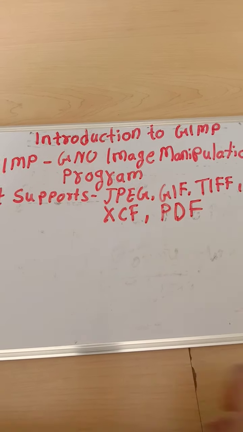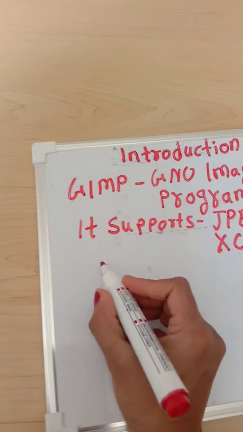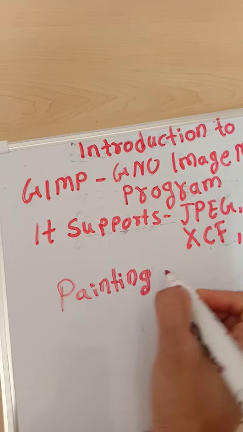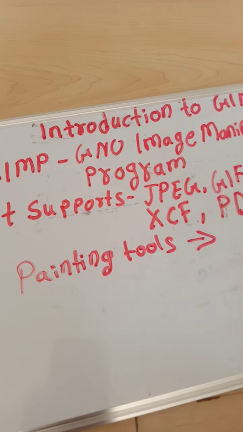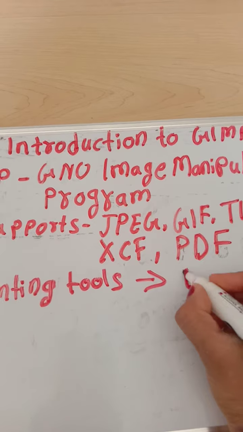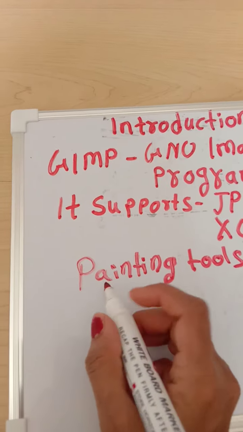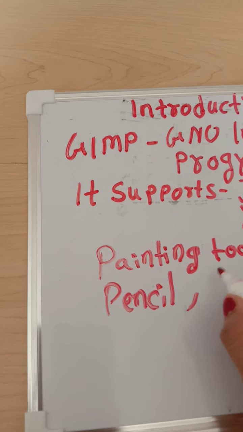Now what categories of tools are used in this? There are tools to use this. Painting tools are there with which you can make changes in your GIMP files. What are the painting tools? Brushes, pencil, airbrush.